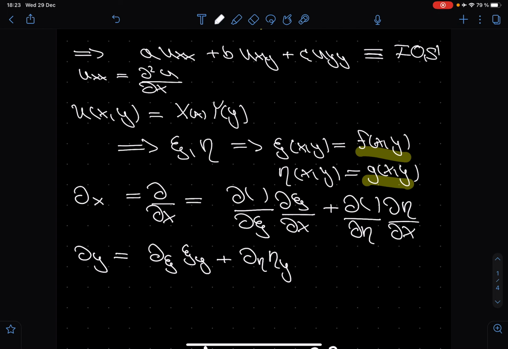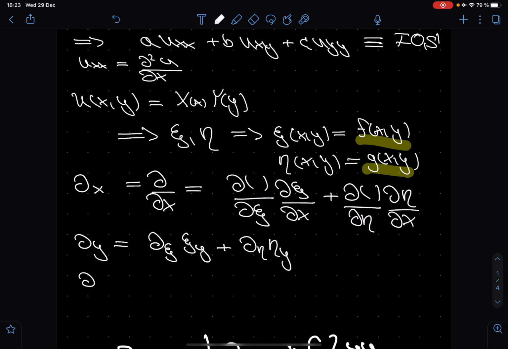Okay, and then if you go on with the second derivative xx, it will look more complicated, but it's just the chain rule again. If we go on with the chain rule and take the derivative of this term above, we'll have d/dx of xi x plus xi eta.